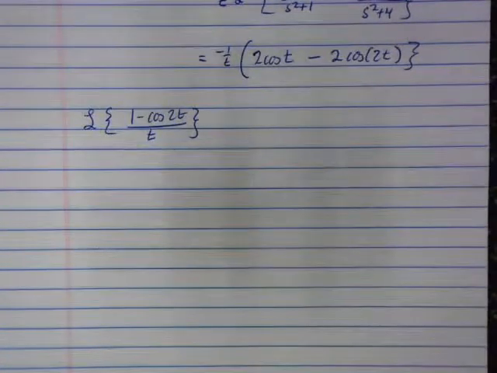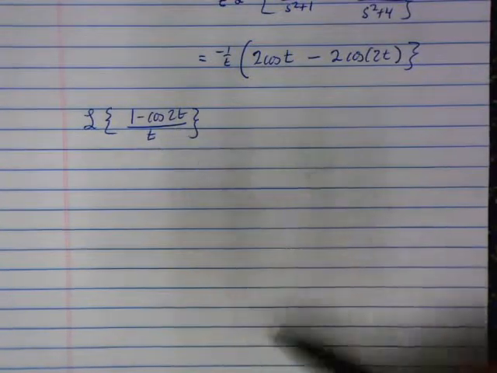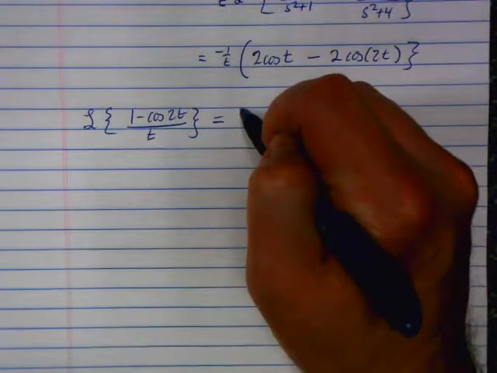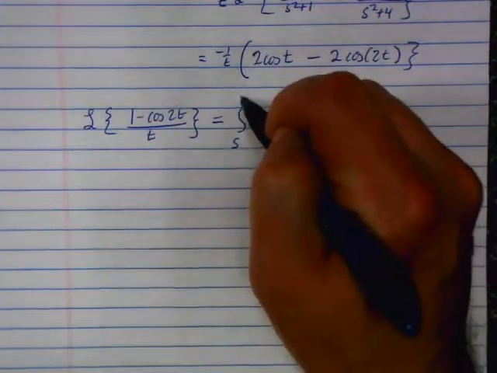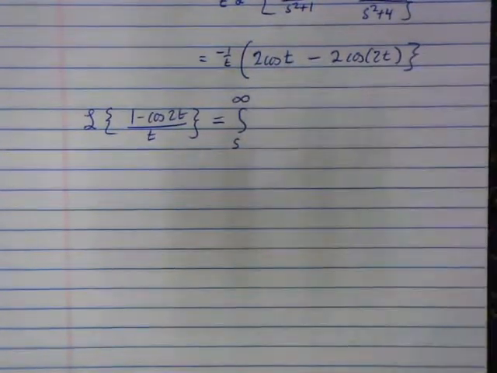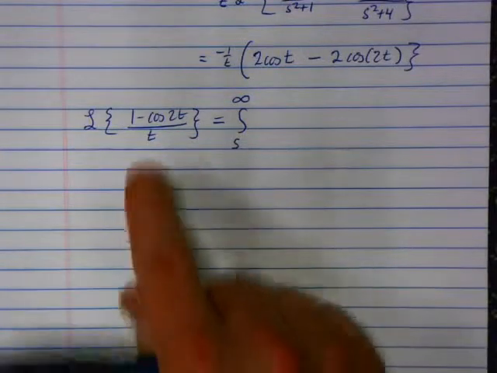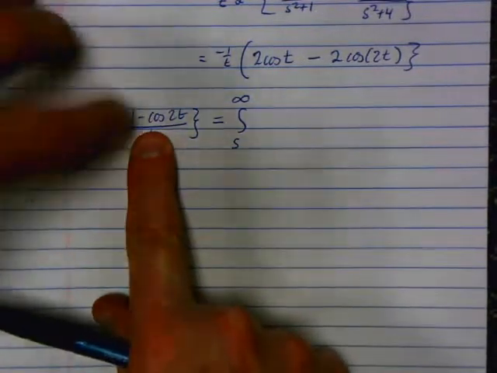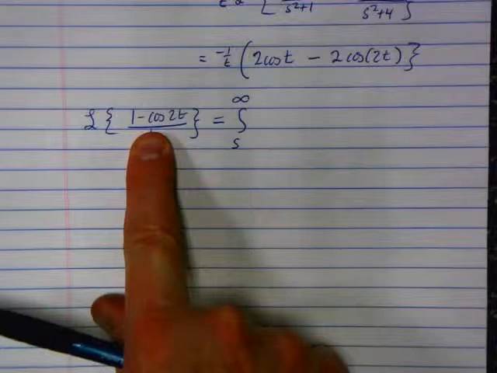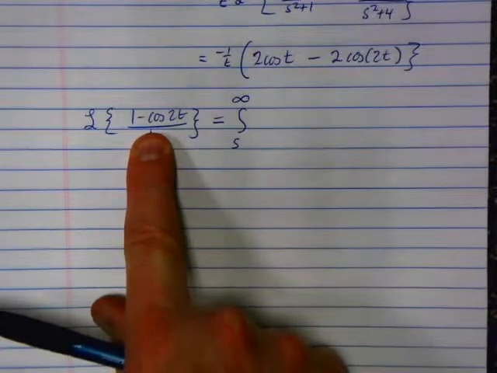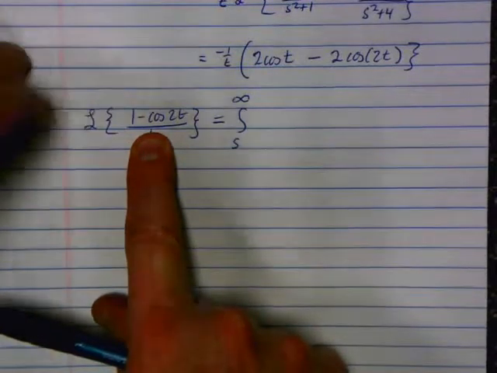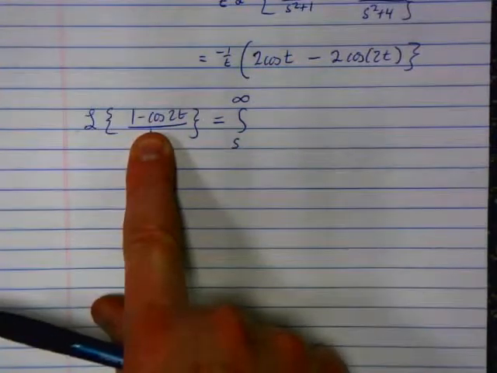Well, our theorem says we can get rid of that dividing by t if we're willing to integrate from s to infinity. We get rid of the t and we find the Laplace transform of 1. I'm doing Laplace, not inverse.